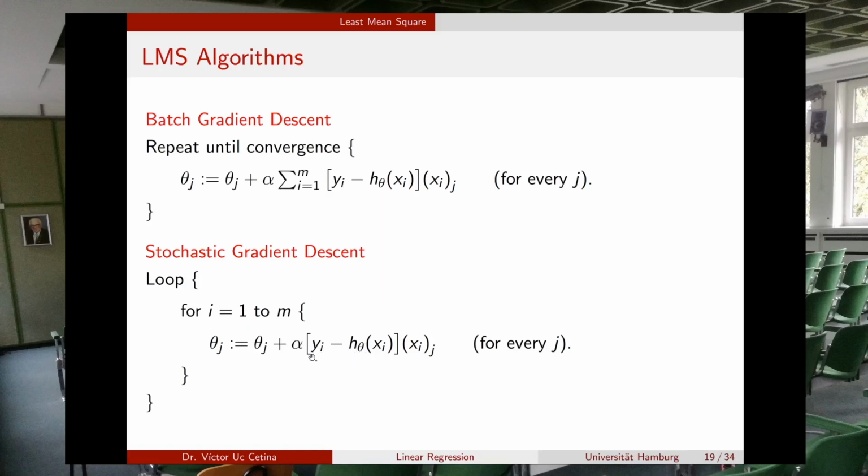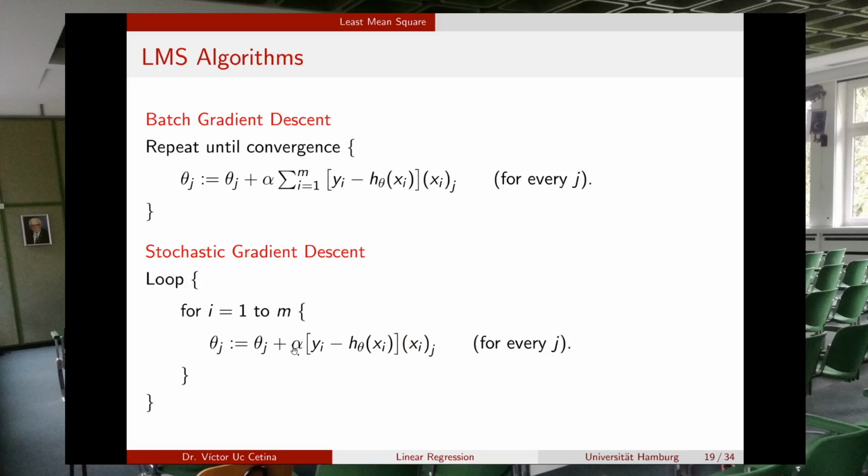So as you can see, this will start making changes to the parameters much faster than this method here, because imagine that instead of having 100 examples, you have 1 million examples. Just to apply this update rule for one parameter, let's say theta 0, you will need to compute these products here for 1 million points. Okay, and after that, then you can update theta 0 one time.